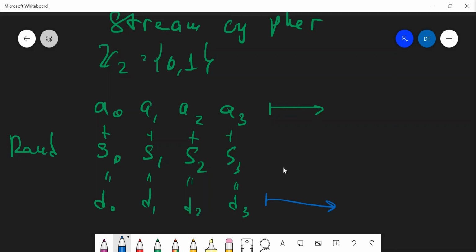And how to recover the information? You need to know this sequence on the right-hand side. If you know this sequence, you can recover the initial bits, a0, a1, a2, and so on. So you need a method to generate this sequence for the one who sent the message and for the one who received it.